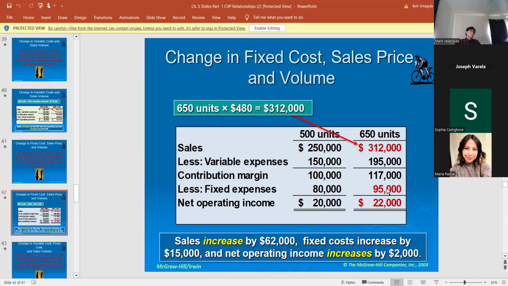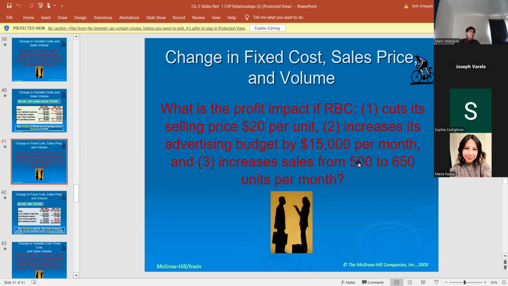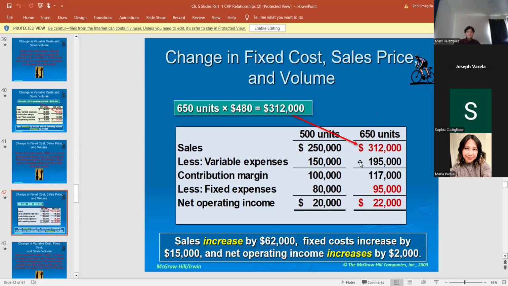The sales price was dropped by $20 to $480. The variable expenses remained the same as a percentage. They didn't change any of the variable, right? No. So the variable expenses proportionately remain the same. The contribution margin is now 117.